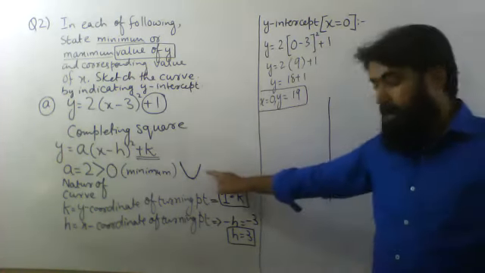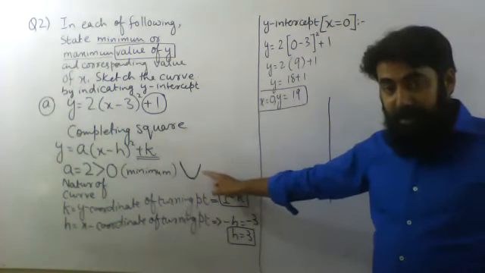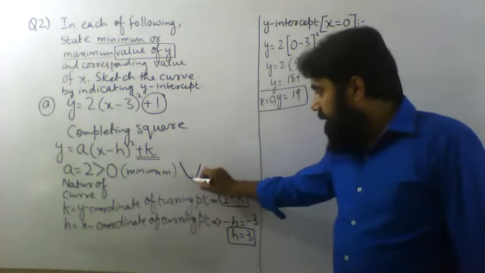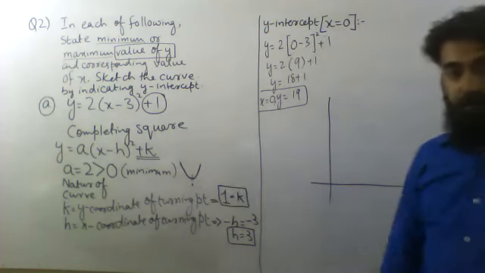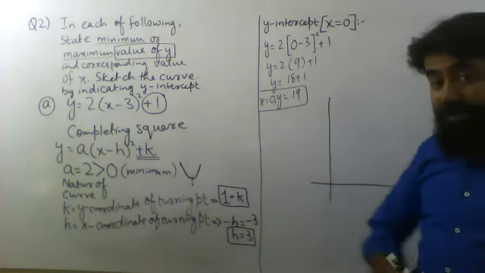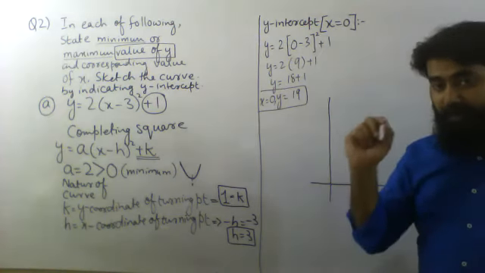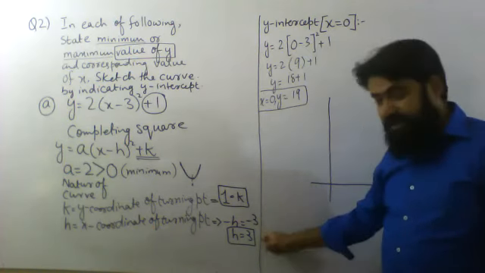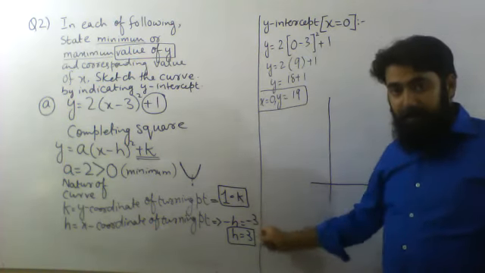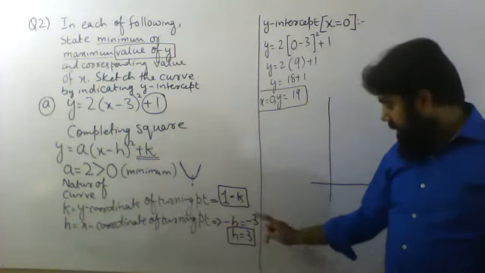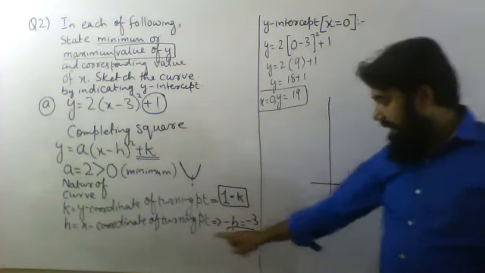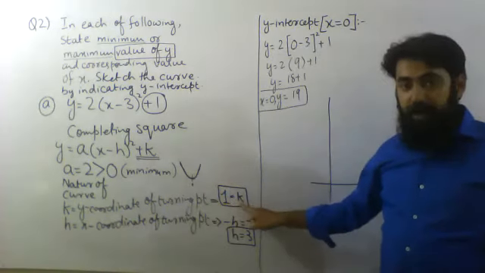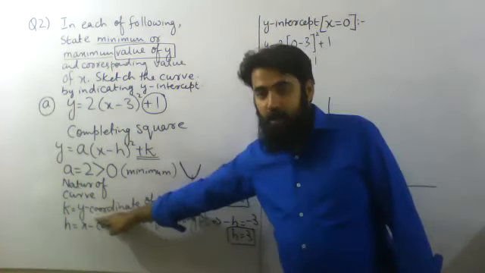First thing, I have identified that my curve will be something like this, and this will be the turning point. Which two variables will represent my turning point? h and k will represent my minimum point or my turning point. The value of h is the x coordinate, the value of k is the y coordinate.